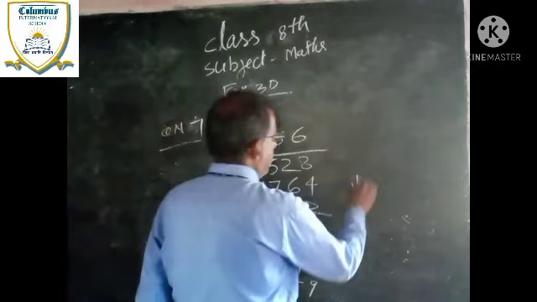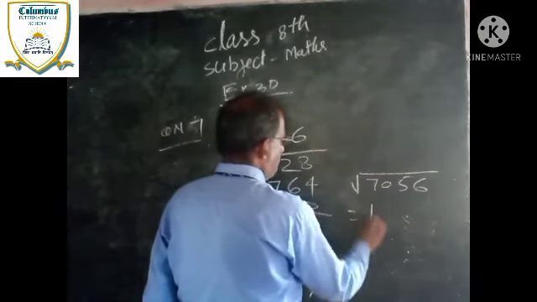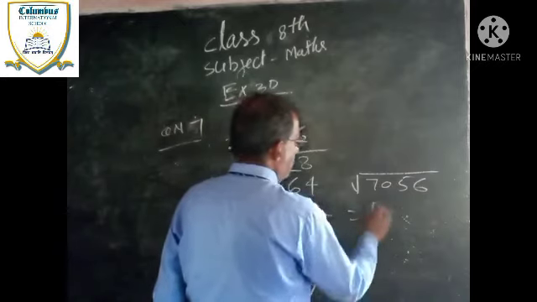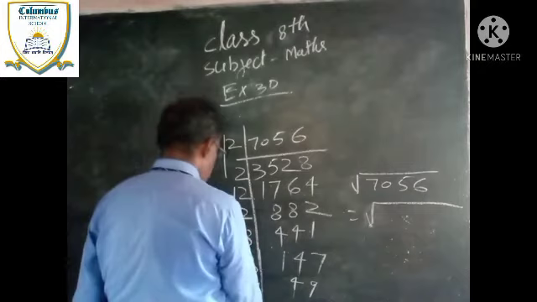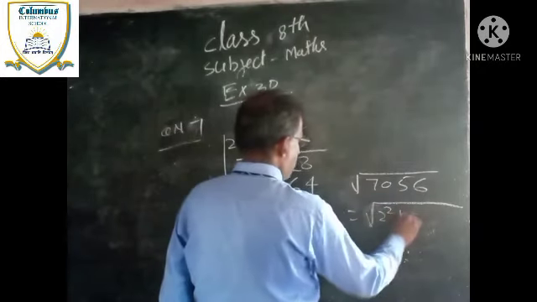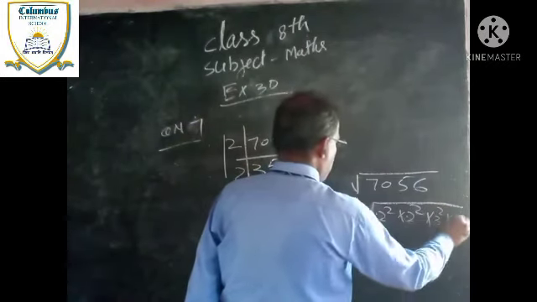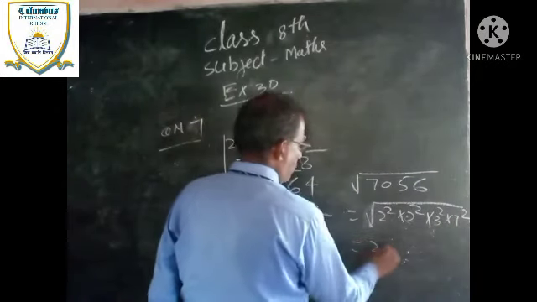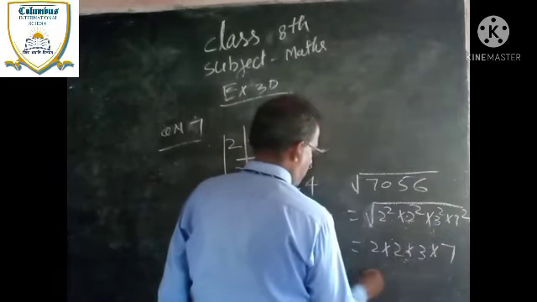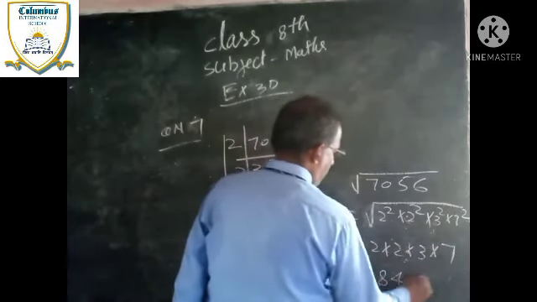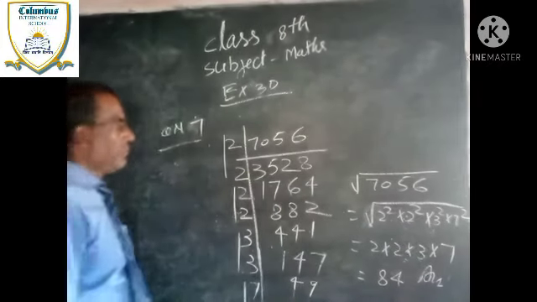That is, we can write it: under root 7056 equals under root 2 square into 2 square into 3 square into 7 square, that is 2 into 2 into 3 into 7, 84. The square root of 7056 equals 84.